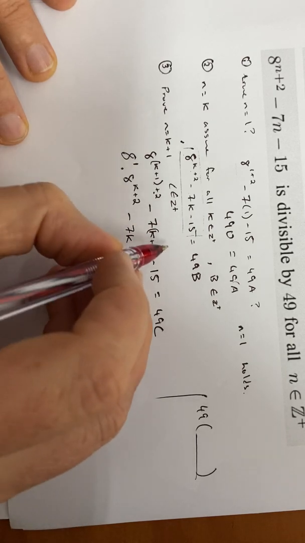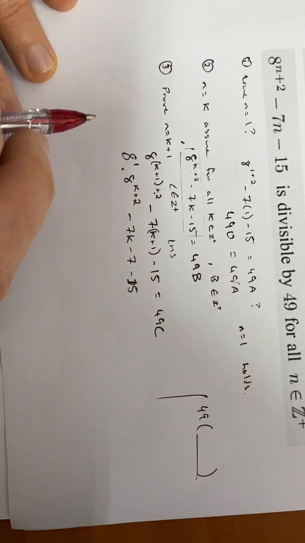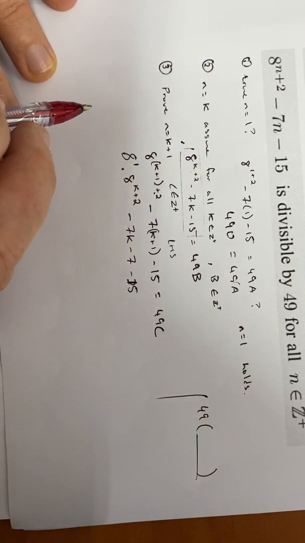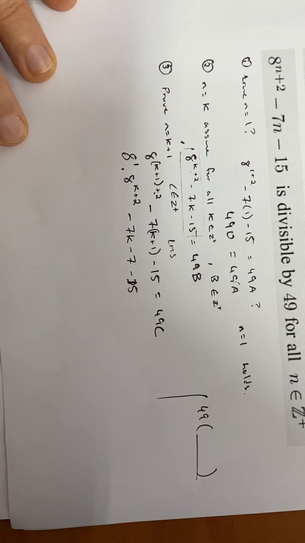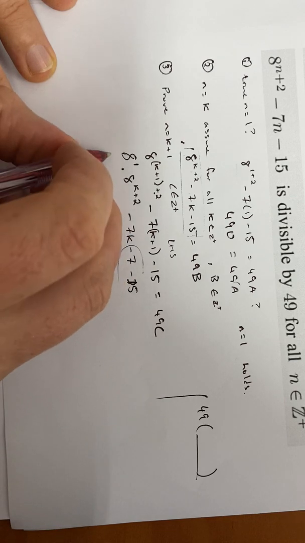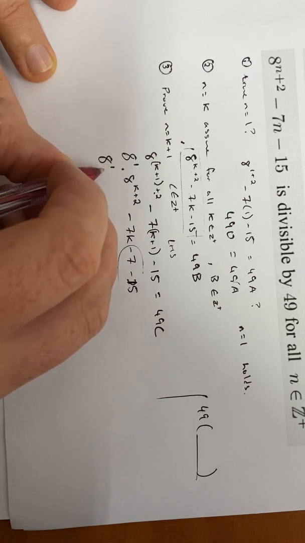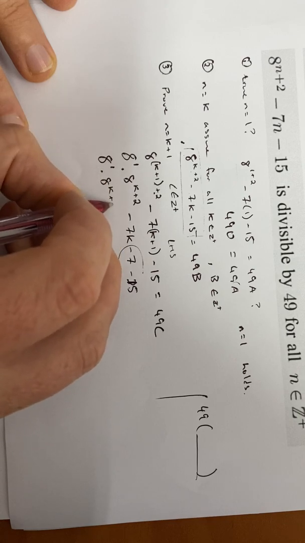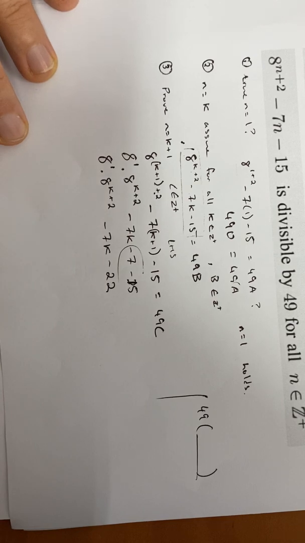So I'm just working on the left-hand side here, just doing the left-hand side of the equals. Let's just make that 8 times 8 to the k plus 2 minus 7k minus 22. Okay, so I have that.